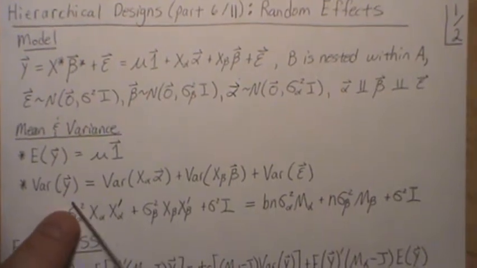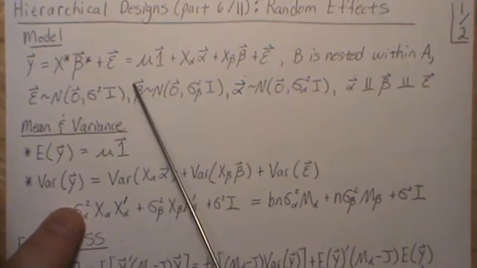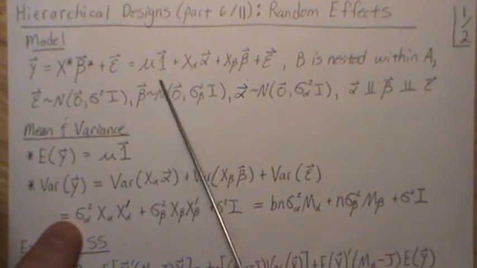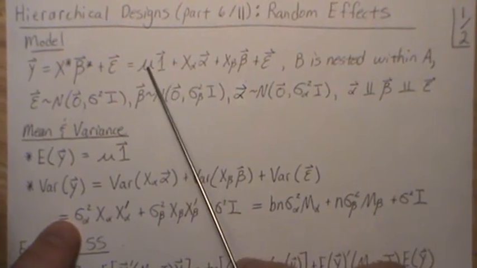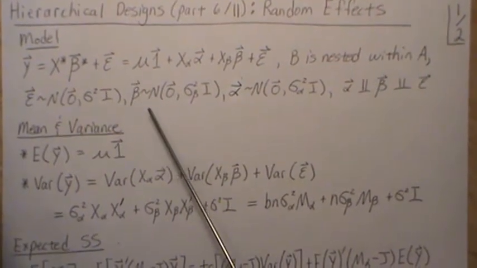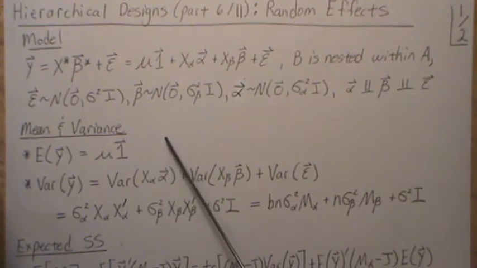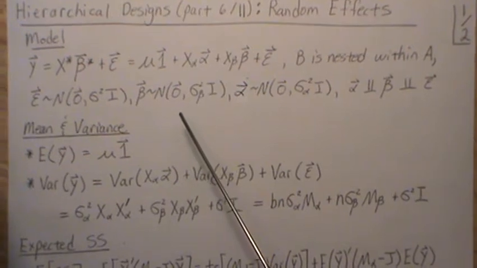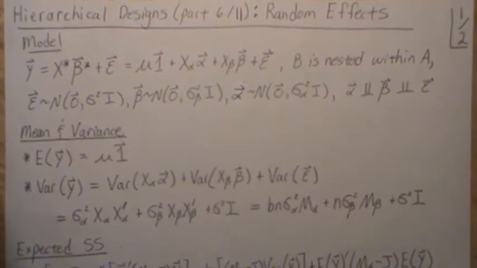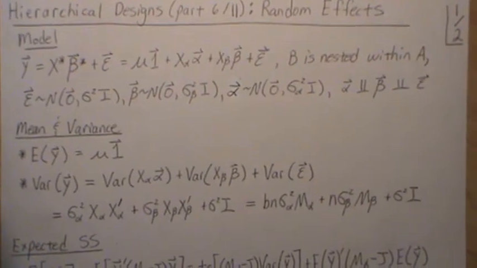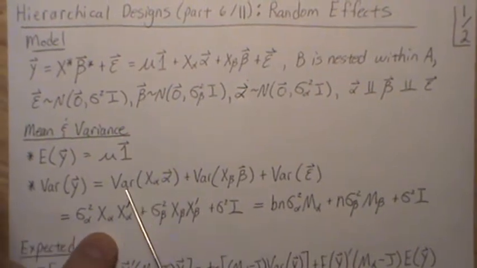Now the variance of y: since this is a constant, it goes away. And I actually have a video called Random Vectors and Matrices, where we look at the mean, the variance, and the covariances for random vectors and matrices, if this is a little bit unclear for you.